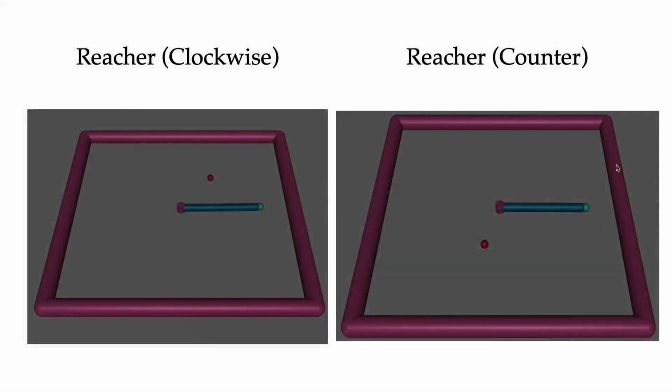Then we introduce our experiments to evaluate our method. We conduct experiments on different environments, and in each environment we define two different dynamics. In the Mujoco Reacher environment, we define clockwise and counterclockwise movement of the reacher agent as the two dynamics. We train on a mixture of imperfect demonstrations of different dynamics and test in each environment.